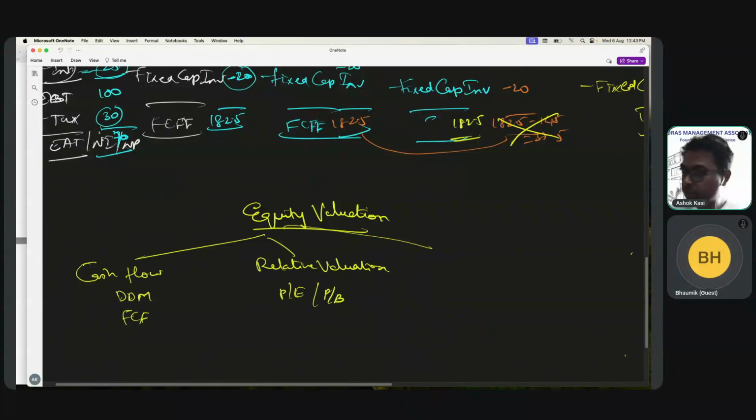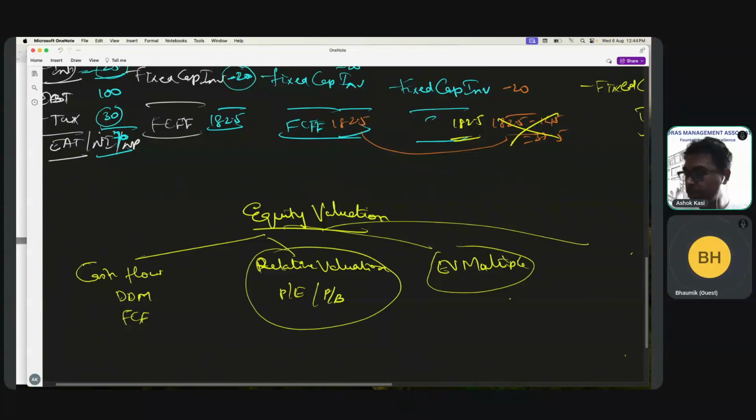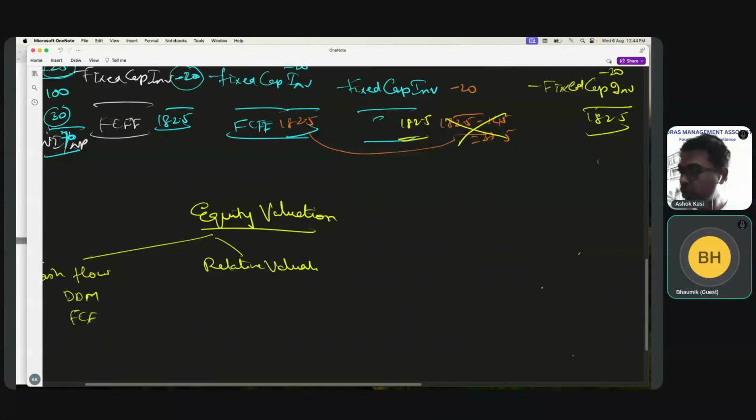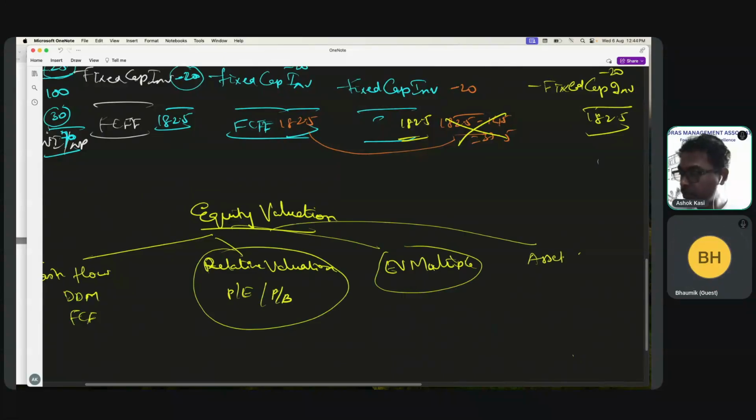Then the third one is asset based. Before that, the EV multiple goes into multiplier only, similar, but it is more about acquiring the company, while this is from the minority shareholders' perspective. Then the next one is asset based valuation, where you calculate the net worth of the company, the net asset value.